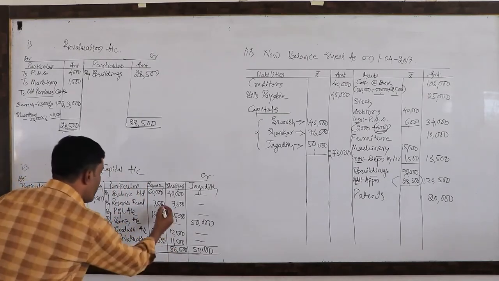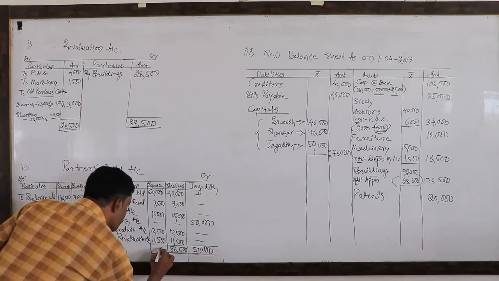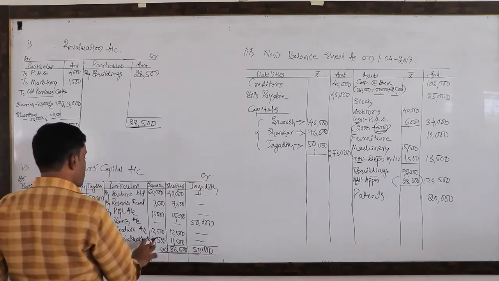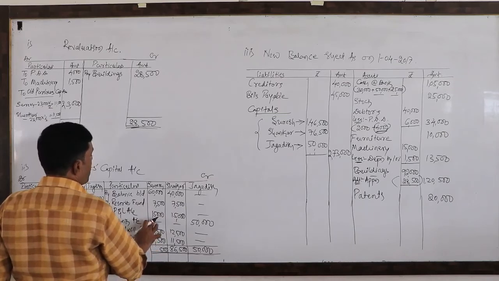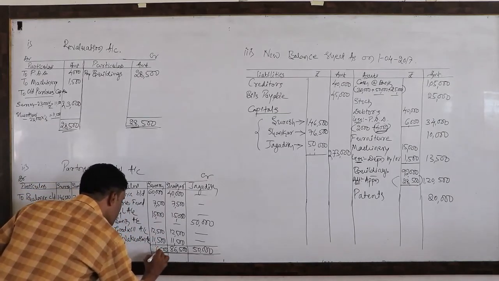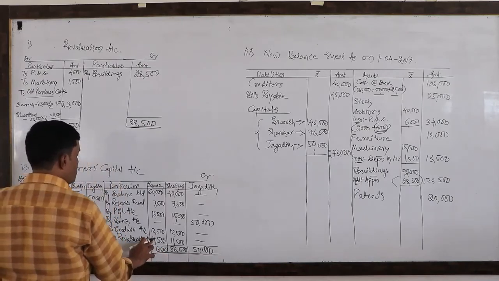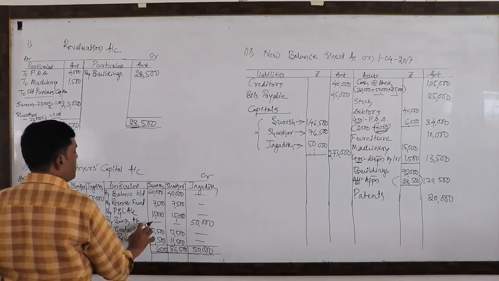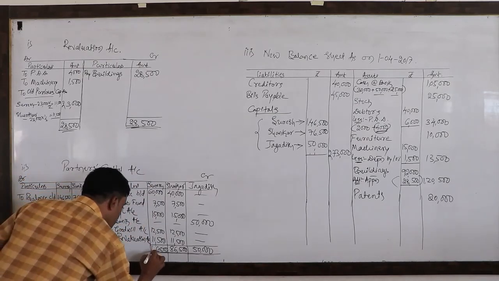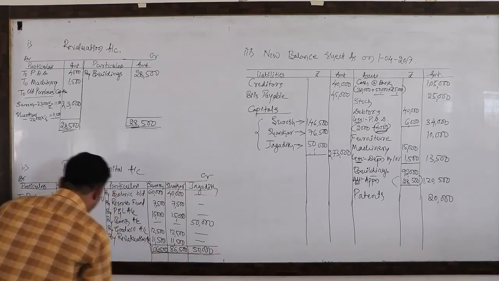Now this one: 500, 1,500, 2, 4, 9, 16, 2 plus 1 is 3, 3 plus 1 is 4, 4 plus 6 is 10, 1,06,500. Exactly right.